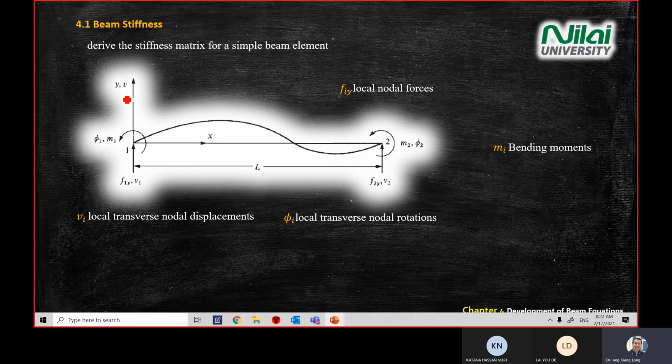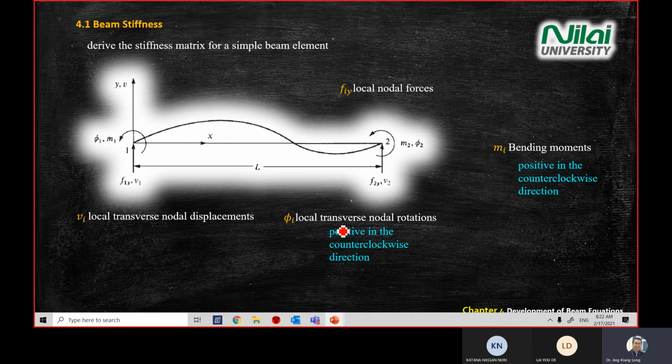So we're looking back at the same diagram again. We have a beam under local force at point 1 and point 2. We will have a local transverse nodal displacement, a transverse rotation, and then a bending moment. So again, this is a note. Our bending moment in our structure will be positive when it is counterclockwise or anti-clockwise.